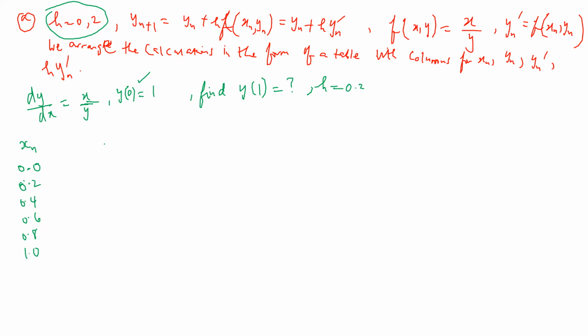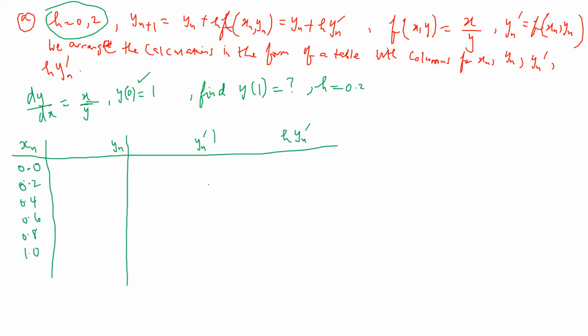So this one is yn primed, h, yn. Okay, so we have this. So we can draw this one, and then here we can draw this one. Just immediately after each variable, you draw a vertical line to construct the column.